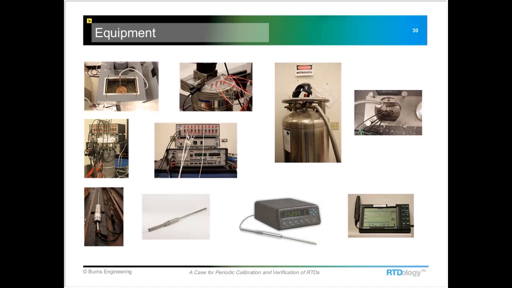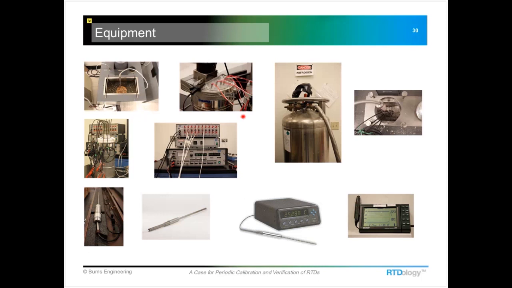Some of the other equipment, this is a liquid bath that uses silicone oil. And if you look real careful, you can see a little copper stabilization block in it that helps to minimize any transient temperatures that may be happening within the bath as it's being stirred and that fluid is moving around.